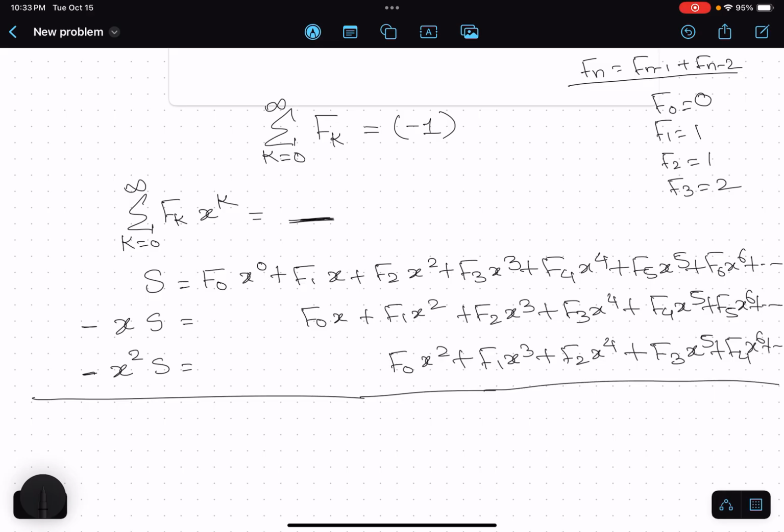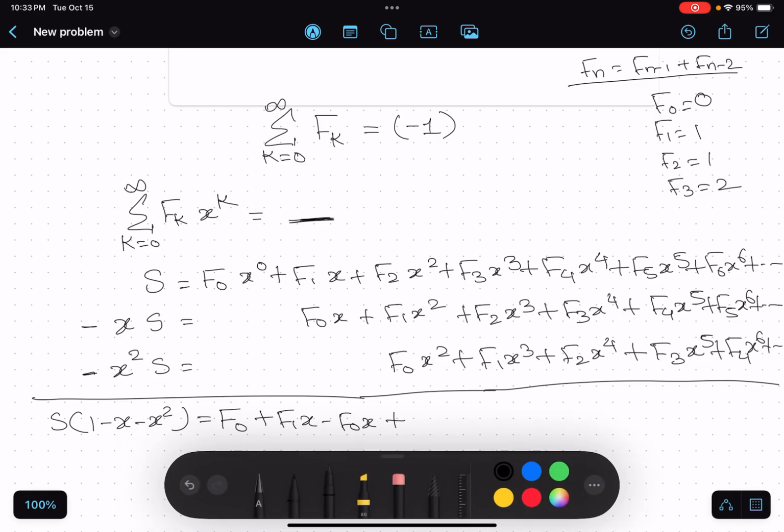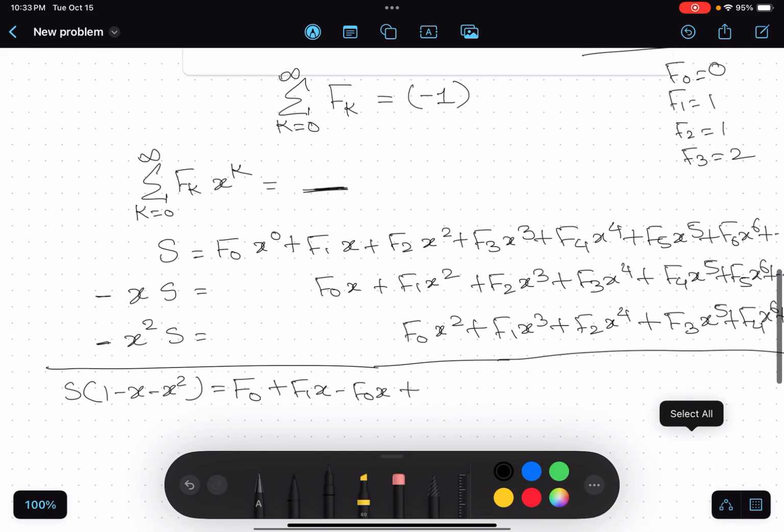That will give me s times (1 minus x minus x squared). So f_0 will be as it is, and then f_1 x minus f_0 x. Now over here, let me show you for one of them.